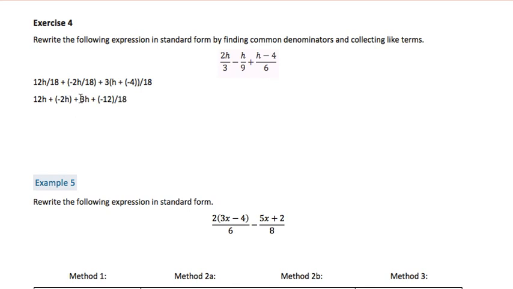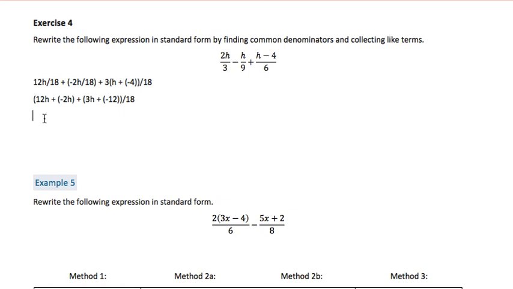And this quantity, 3h plus negative 12, needs to be in parentheses, because that whole expression, remember, h minus 4 was over the denominator, so the whole expression will have to be over 18. Yes, actually everything is over 18.